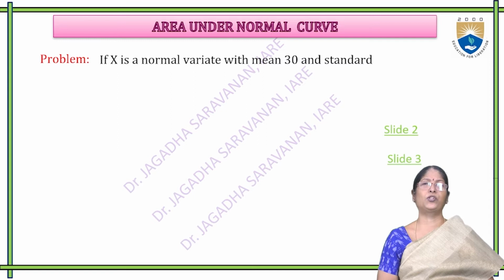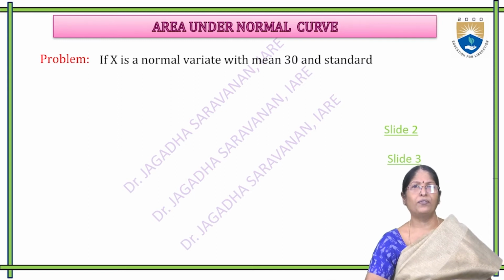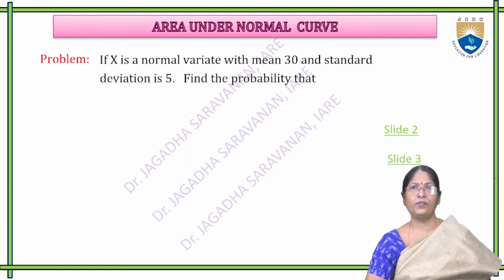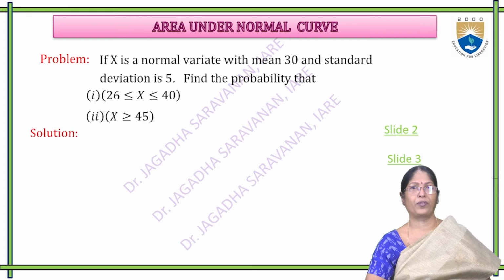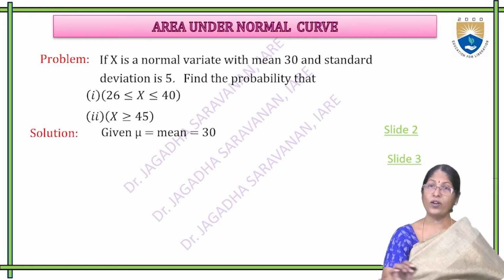Yes, the first problem is: if x is a normal variate with mean 30 and standard deviation 5, find the probability that x lies between 26 and 40. What is given?